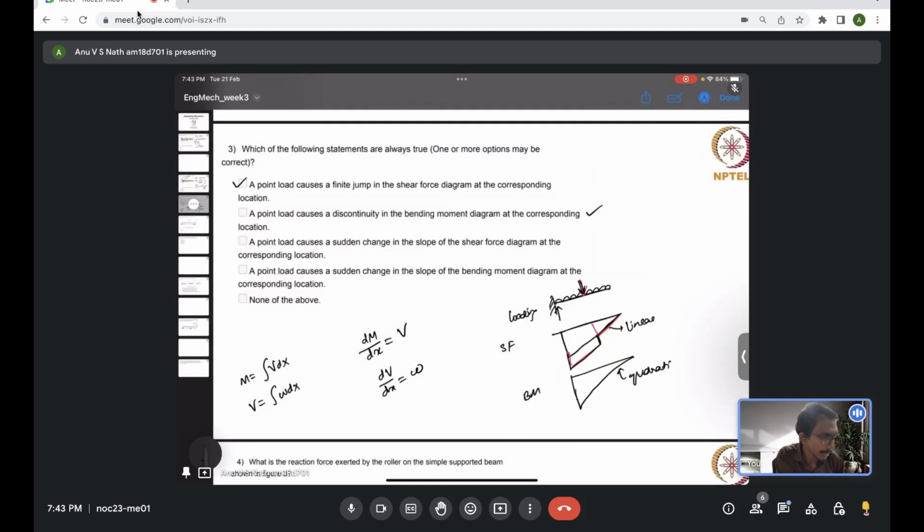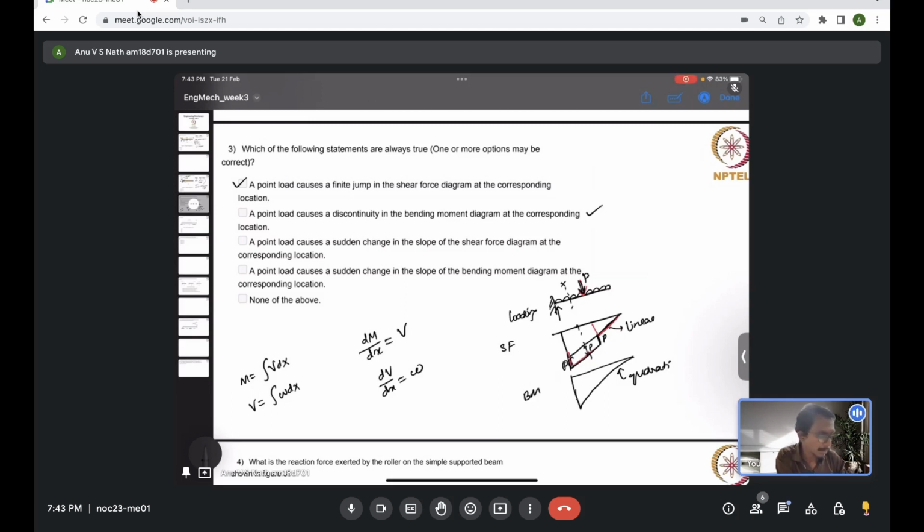It's like you cut that part and move it down or up, depending on how the force is acting. I have drawn here a point force P acting downward at this location, which is going to shift the shear force diagram at that location by that amount. And in any other section you consider, the shift will be the same everywhere.